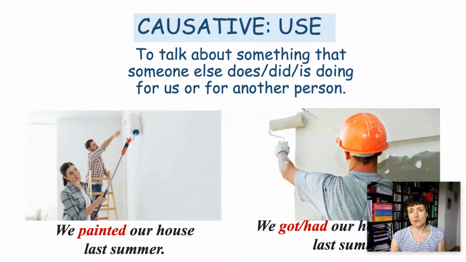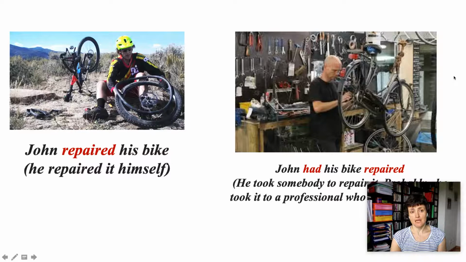So it depends on who does the action. Active, if it's you who are doing the action, and causative, if you ask someone, a professional, to do it for you. See this guy here, right? He says John repaired his bike, or he is repairing his bike now. He had this problem and he did it, or he's doing it himself.